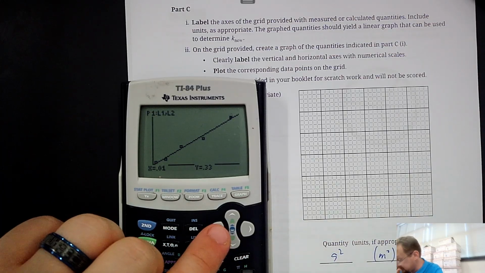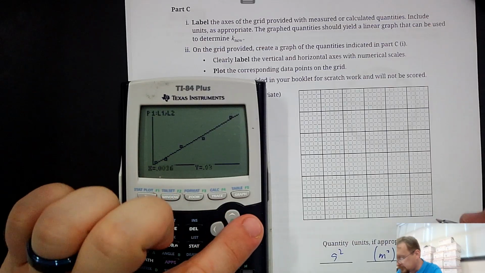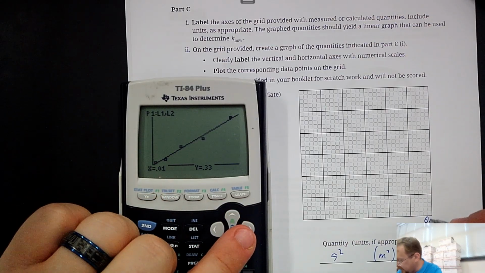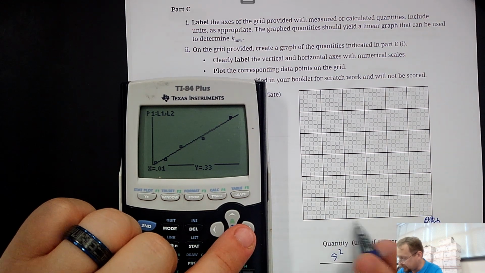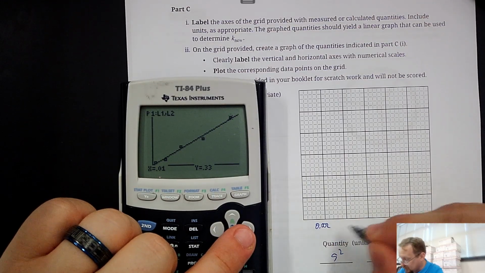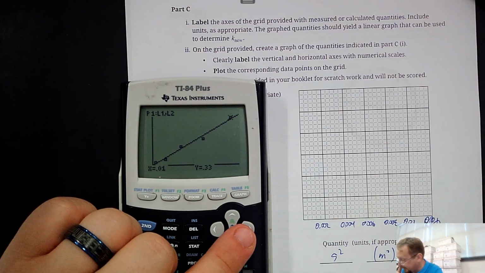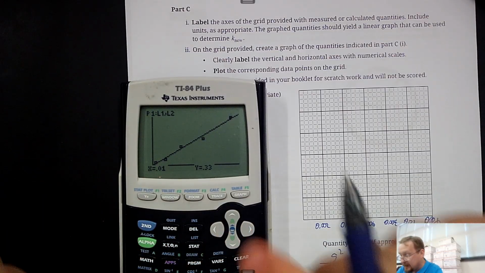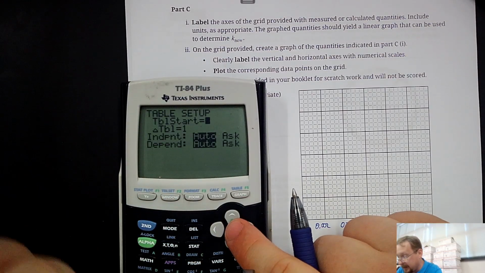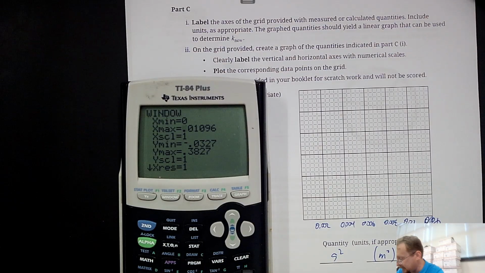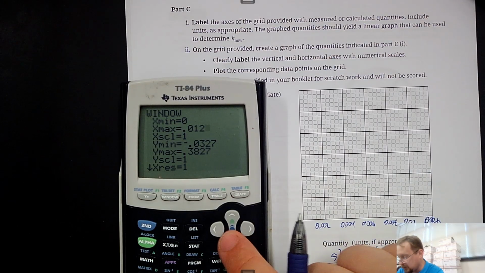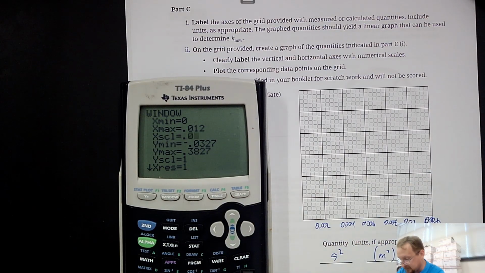I'm going to go out to 0.01. The marks are 0.002, 0.004, 0.006, 0.008, and then 0.01. The x max is going to be 0.012, because that's over here, and the x scale is going to be 0.002.